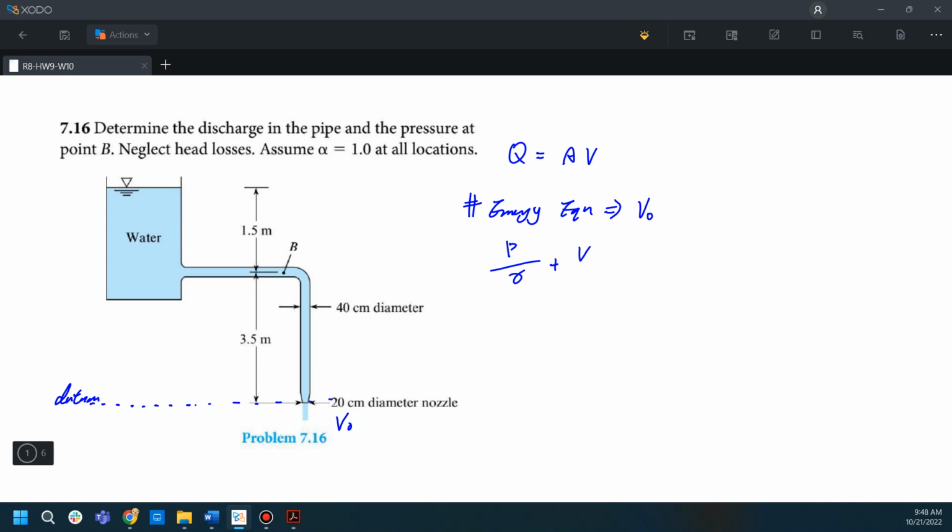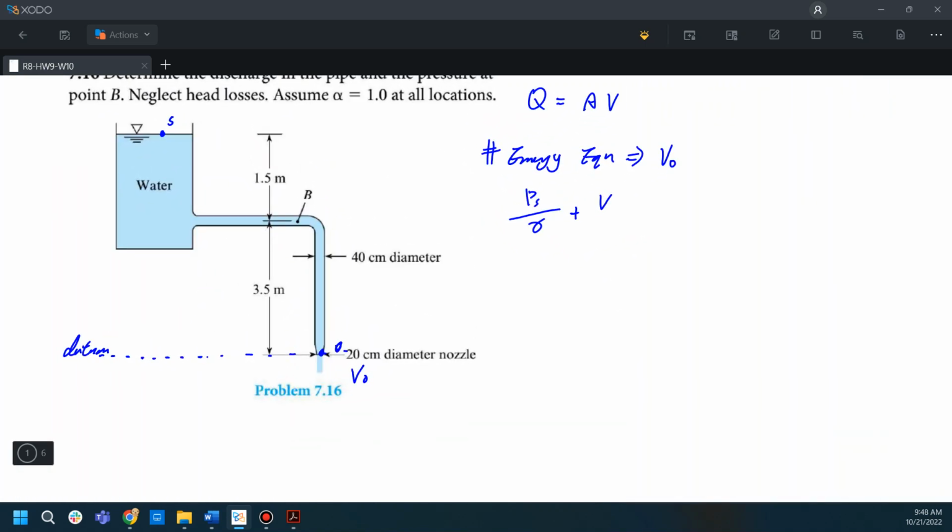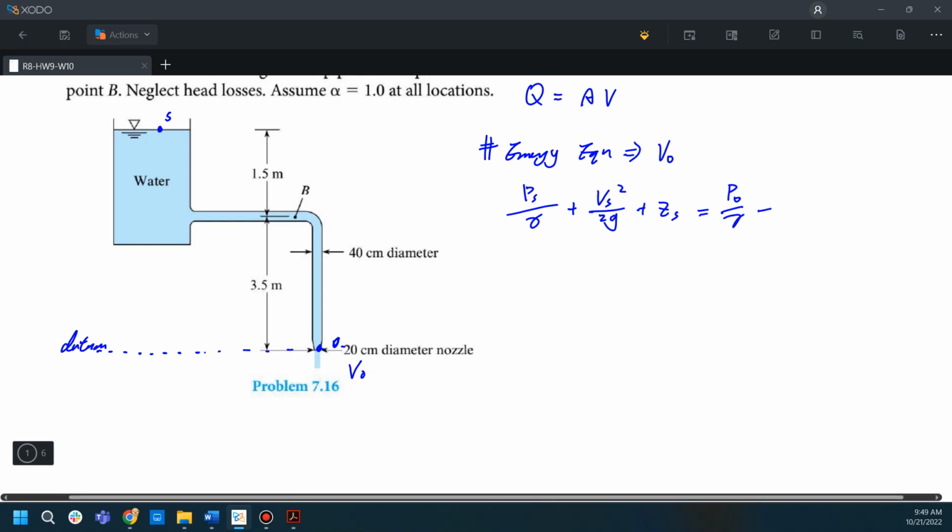Let's say this is the surface S, and this is the outlet O. So we have P at the surface plus the velocity term at the surface over 2g plus the height, equal to P at the outlet plus the velocity term at the outlet plus Z naught.